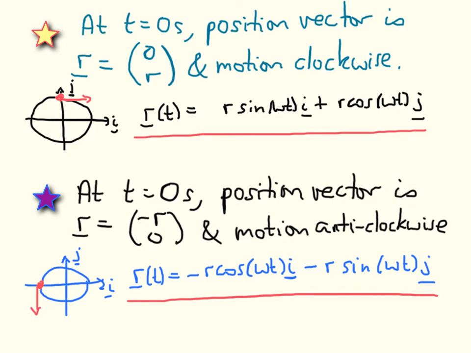So at t is naught, it's minus omega r times 1 times j, and that's correct, that's negative, and the derivative of this would vanish at t is naught. So we could actually really just write these answers down, but we can understand how this is true and how to get from one formula to another using the general methods we've discussed in this video.